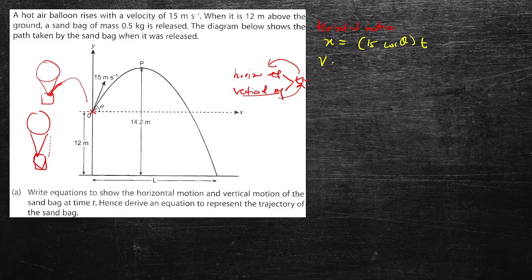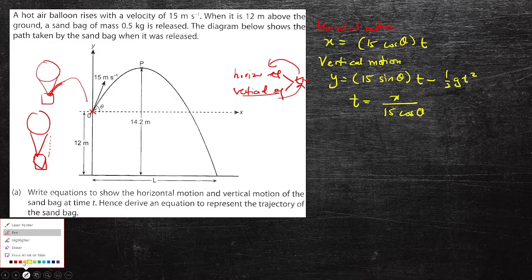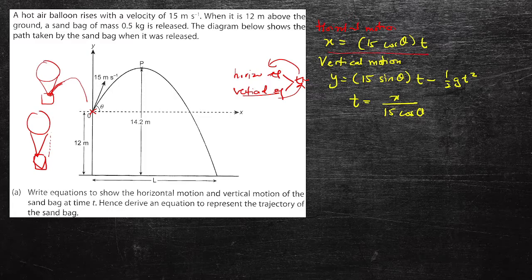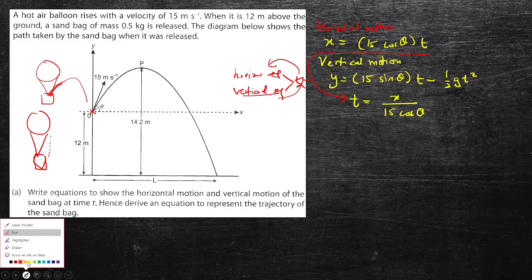And for vertical motion, y equals 15 sine theta t minus 1 over 2 gt squared. Okay, this is for vertical motion. So t equals x divided by 15 cos theta. This one came from the top. Okay, from this part we substitute into this part, that is t equals x over 15 cos theta.